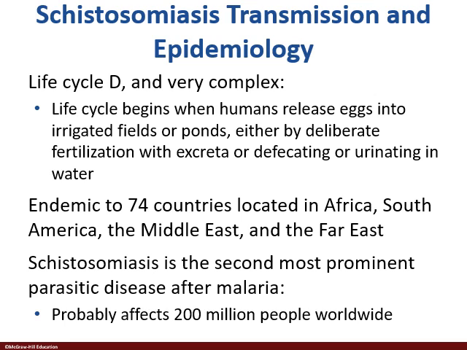So what we see happens, in areas where this is endemic, you're going to see ponds and fields that are going to be irrigated with human feces. You're going to see a lot of this schistosomiasis in Southeast Asia. China, Korea, Japan used to, Laos, all these places where they cultivate rice, and in the rice paddies they fertilize them with human waste.